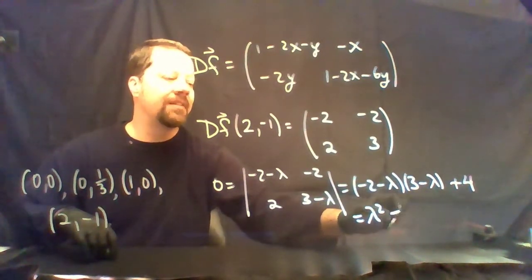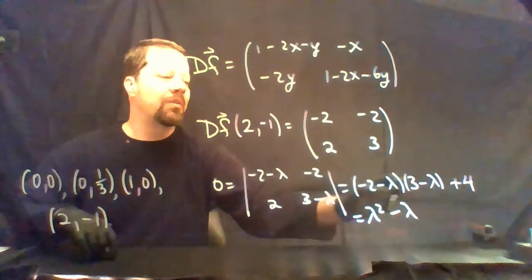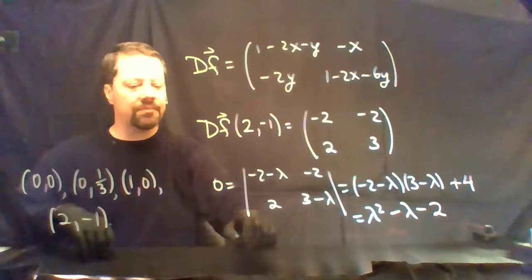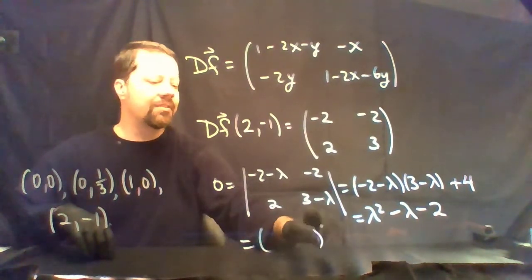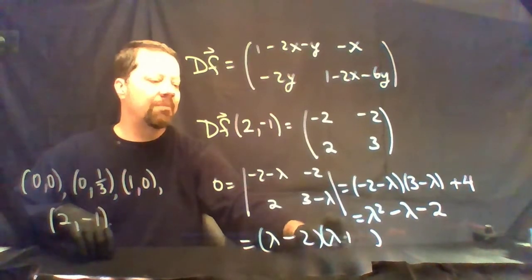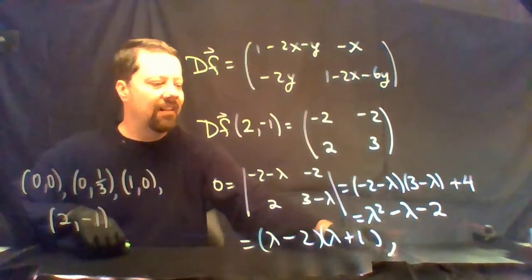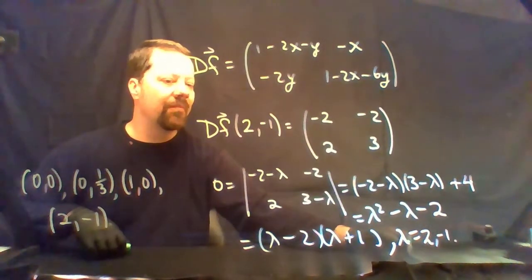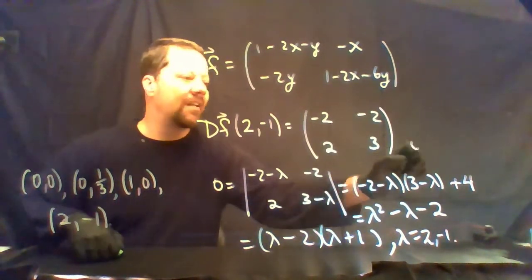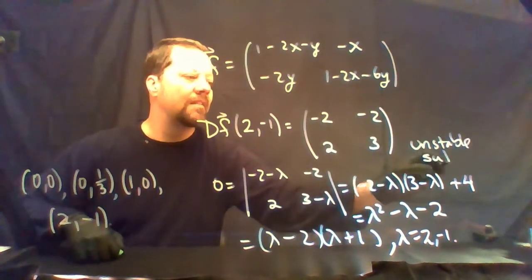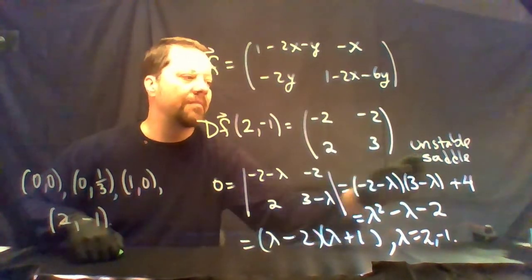Minus 3 lambda is minus lambda. Minus 6 plus 4 is minus 2. This factors as lambda minus 2, lambda plus 1. This gives lambda equals 2 and negative 1. That makes this an unstable saddle point.